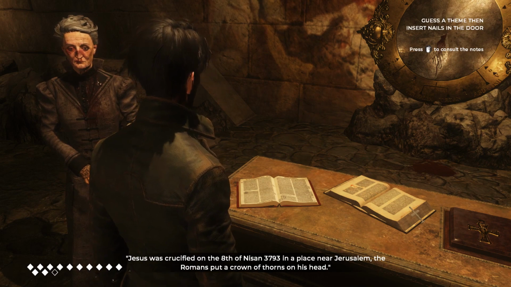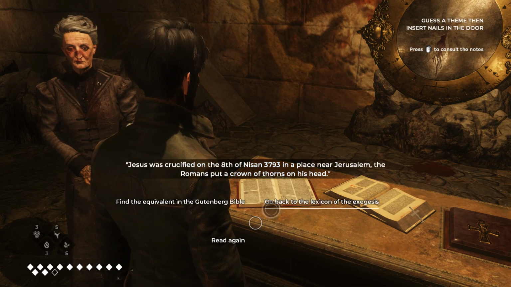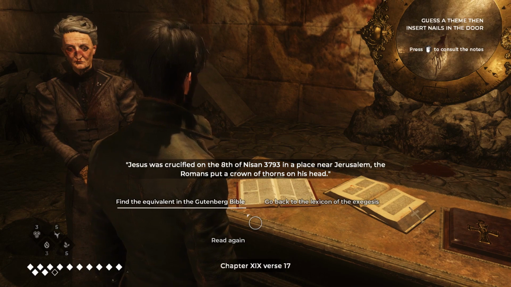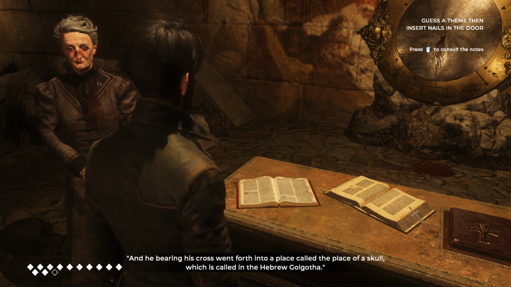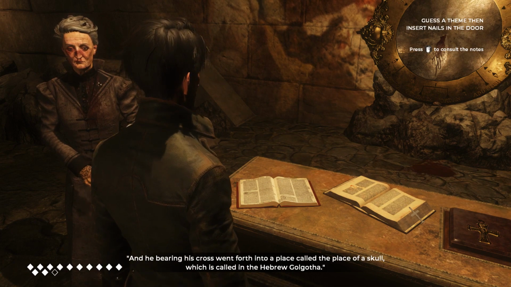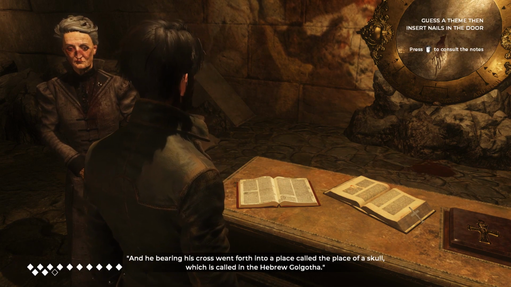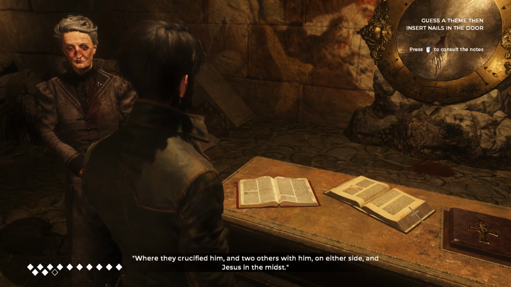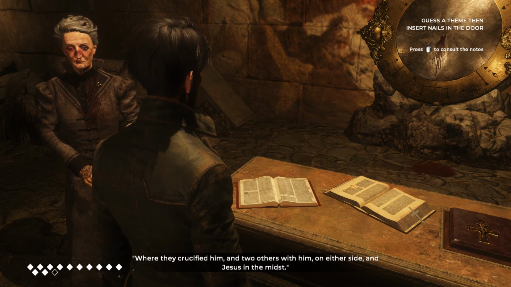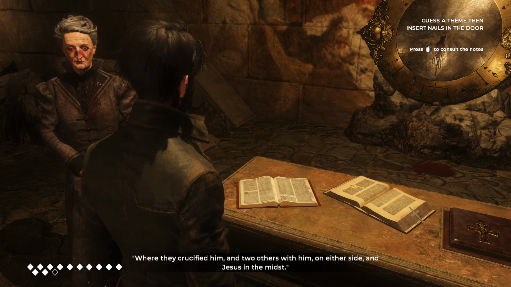The Romans put a crown of thorns on his head. Chapter 19, verse 17. And he, bearing his cross, went forth into a place called the place of a skull, which is called in the Hebrew Golgotha, where they crucified him, and 2 others with him, on either side, and Jesus in the midst.